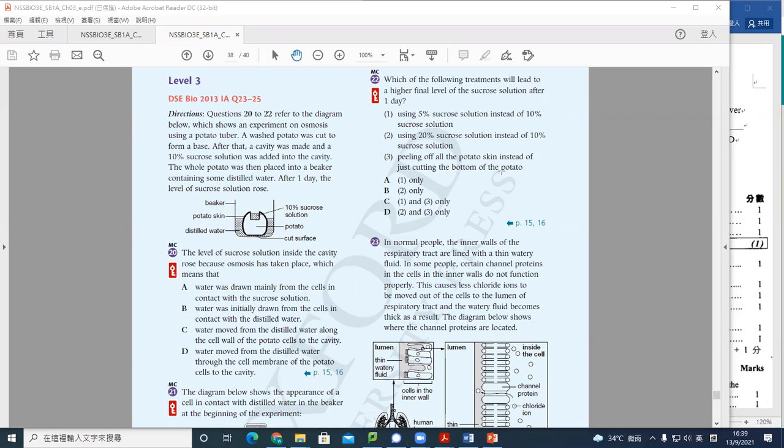Okay. So outside, let me take some notes. Outside, higher water potential. Whereas inside, lower water potential.